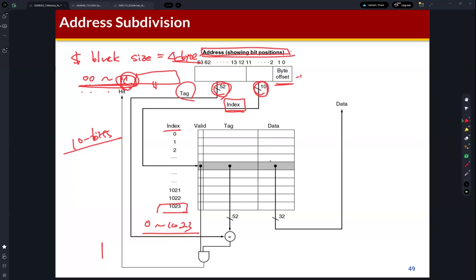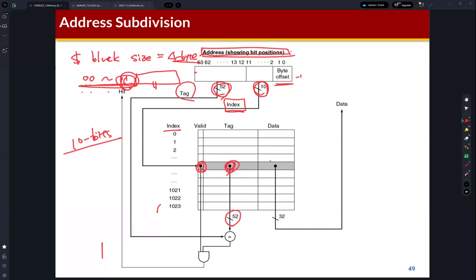So when the data is stored, the tag is also stored in the cache block, and also you can find the valid bit. Okay. Then when the load instruction accesses the cache, firstly we need to check the valid bit of the target cache block, and then we check whether the tag is matched.